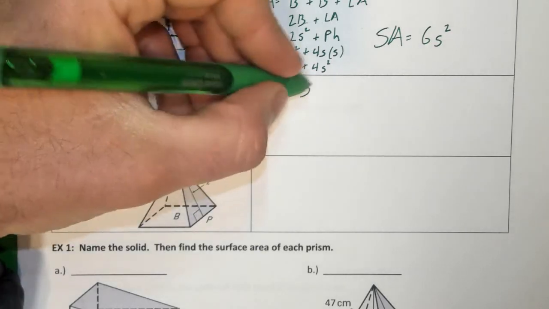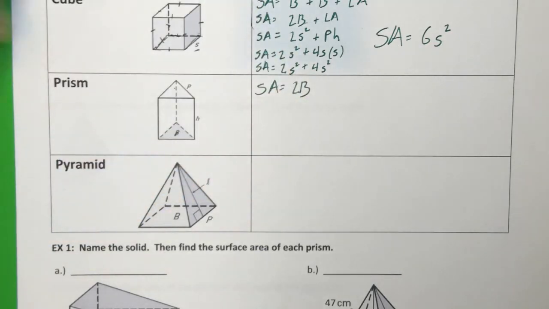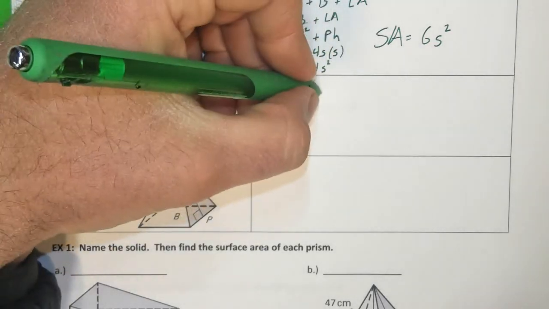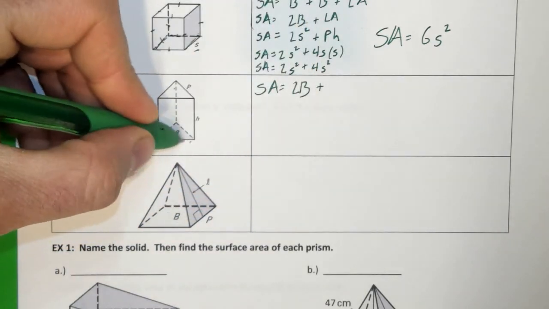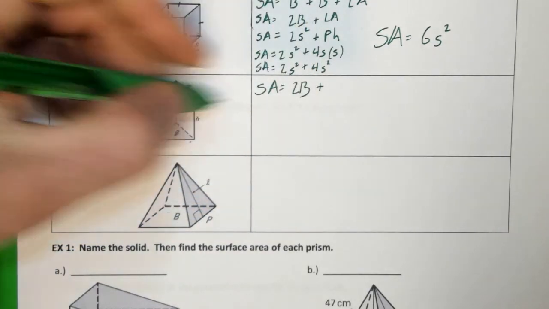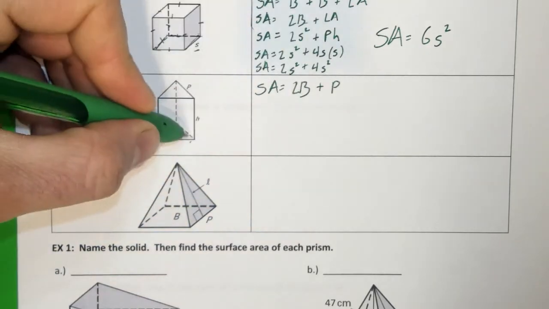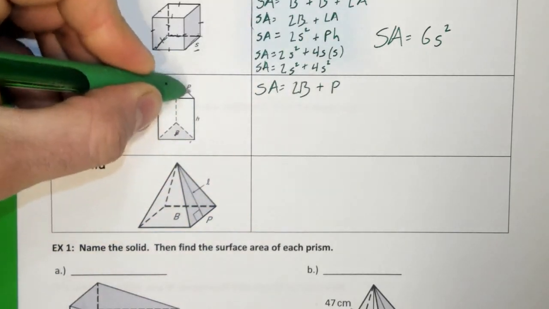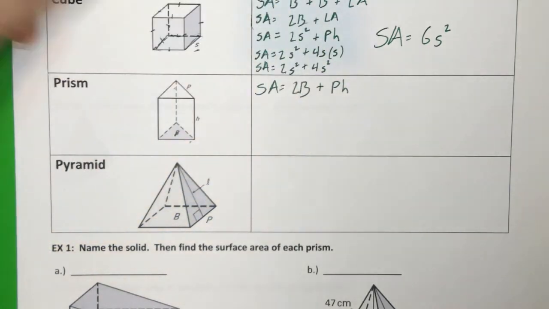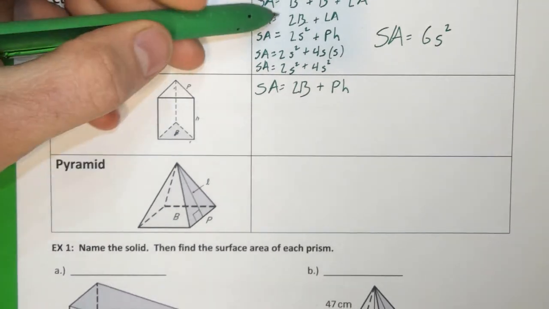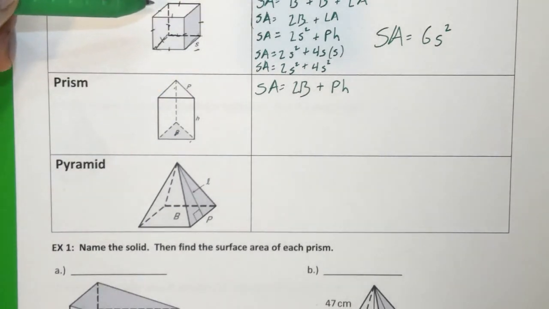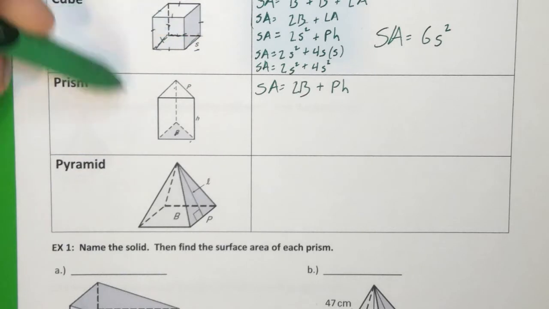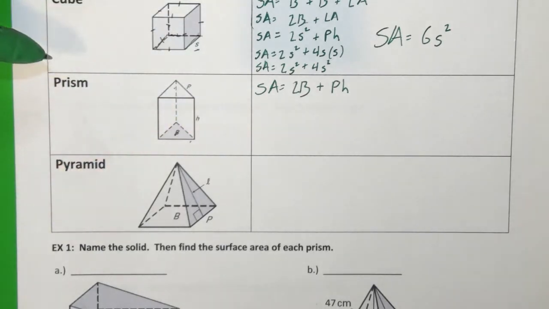But there are 2 of them, so you're going to find 2 of those areas. And then the next thing I want you to do is measure the perimeter around that base and multiply it by the height. So we're using the exact same techniques that we had with this cube, but we're just not going to make it any more specific. So that is going to be the guide that you're going to want to use.